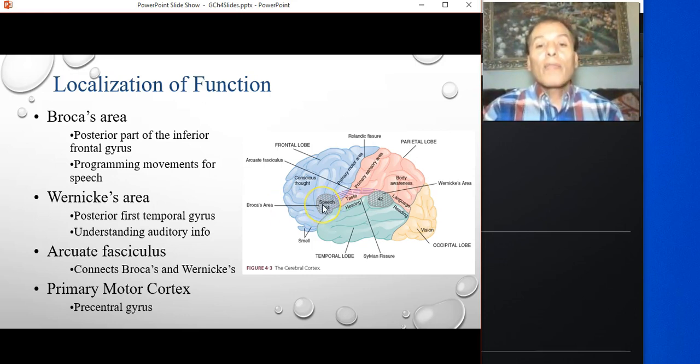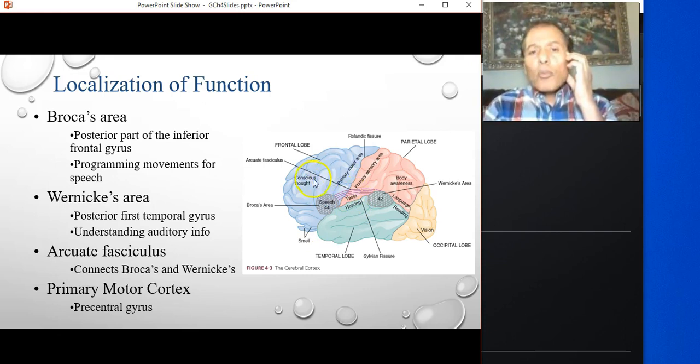And then the other function is to activate the motor cortex, the parts of the motor cortex that enable us to move our lips, our larynx, all the speech, basically. So it helps us to make a script of what we want to say.